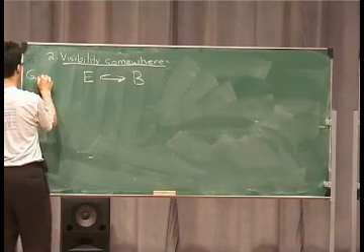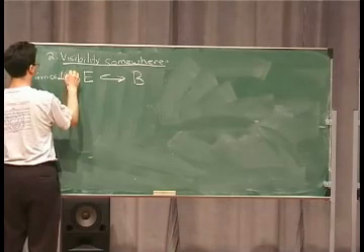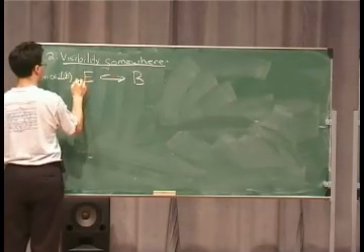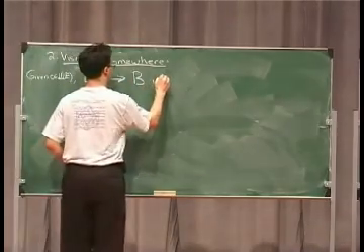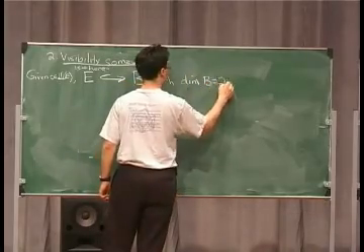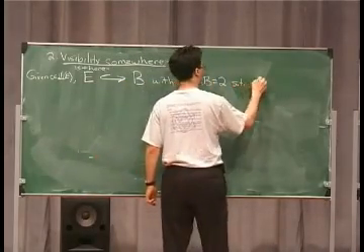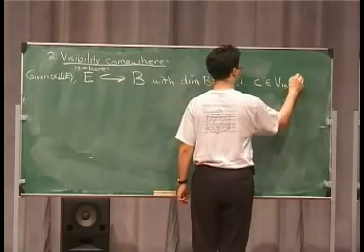So given C in Sha of E, is there such an embedding with dim B equals 2, such that C is visible in B?